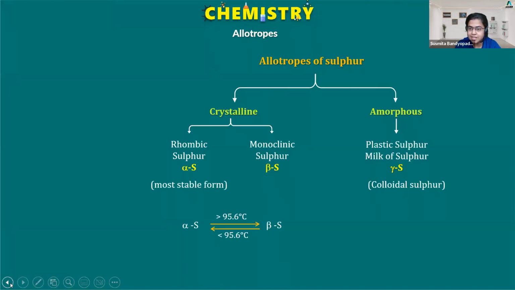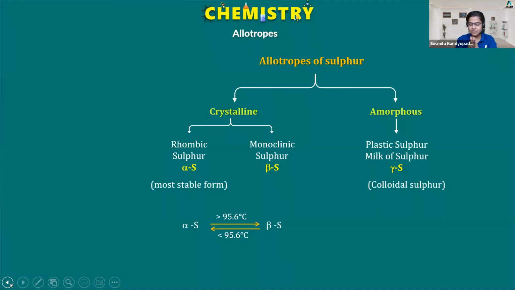Both are equally stable at 95.6 degrees, which is a transition temperature. I'll make it simple. Transition means change. At that particular temperature, that's the barrier, like 0 degrees, above which ice starts melting into liquid and below which it is solidified.